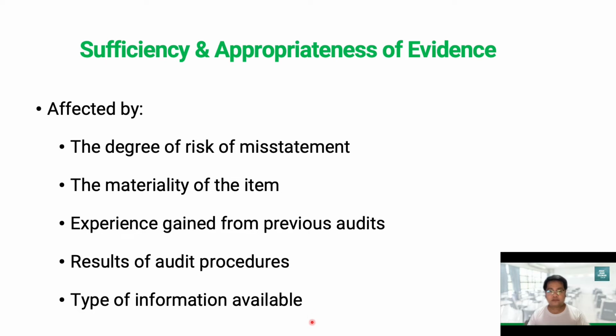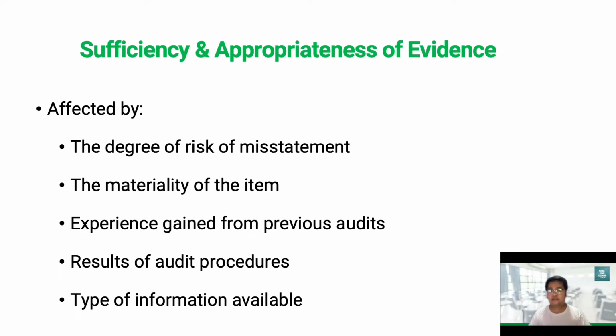And finally, we have the type of information available. As discussed earlier, in connection with this is the experience that we have gained from previous audits. The type of information available will of course affect the type of evidence that we will obtain, because we gather evidence based on what is available.